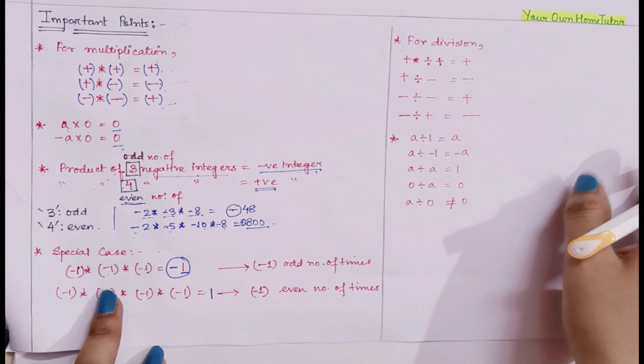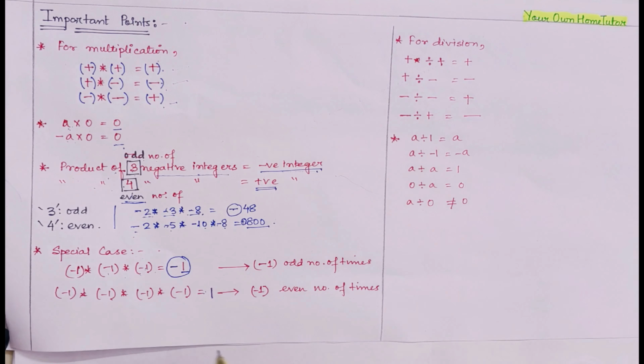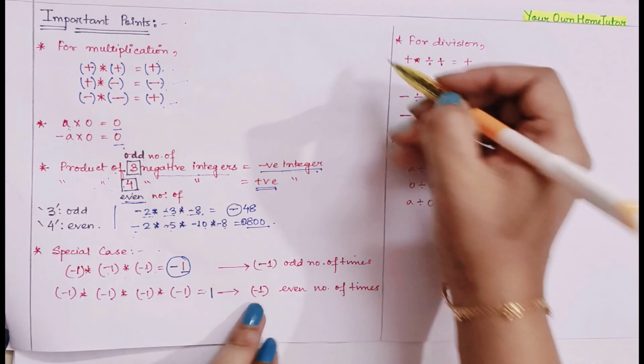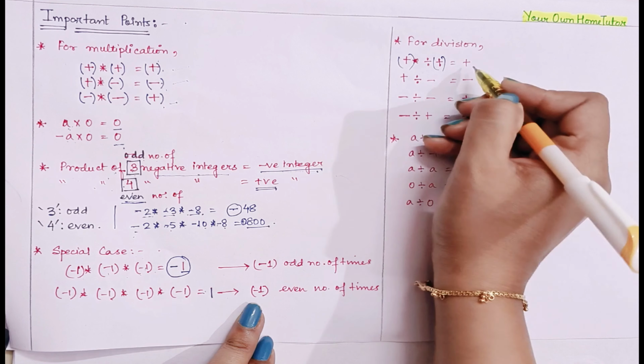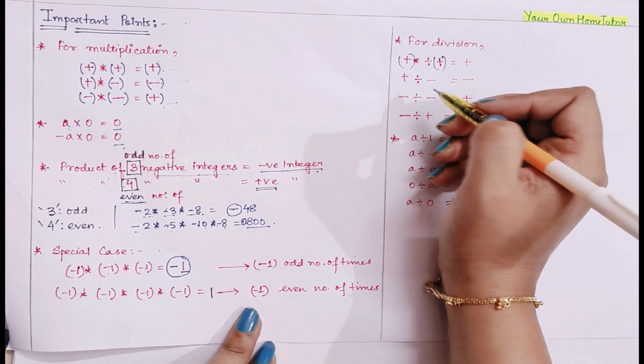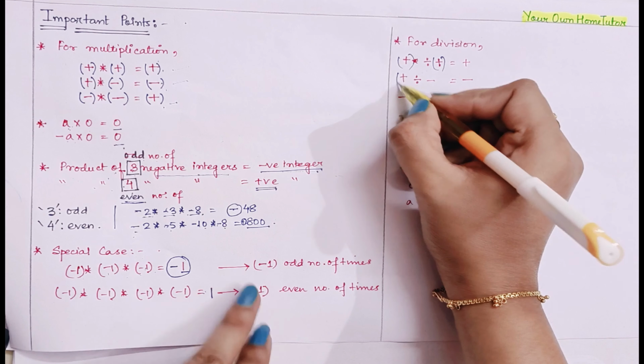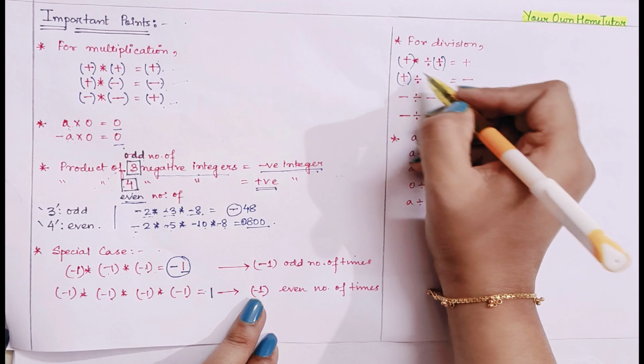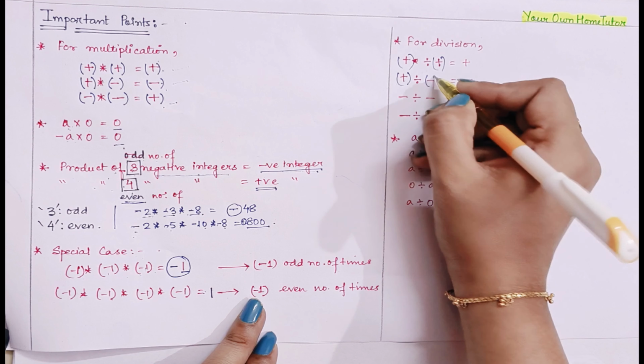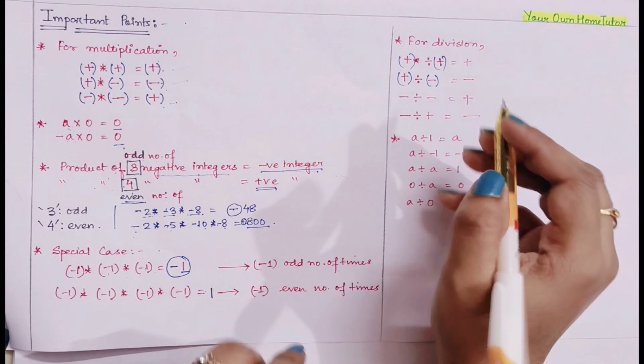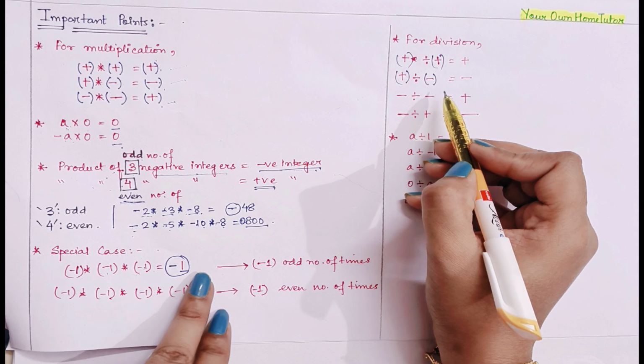So now, some important points for division. If we divide 2 positive integers, we will get a positive integer. If I divide a positive integer with a negative integer, firstly I will perform the normal division.